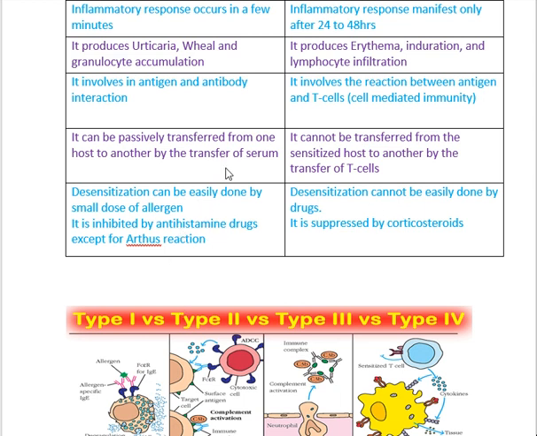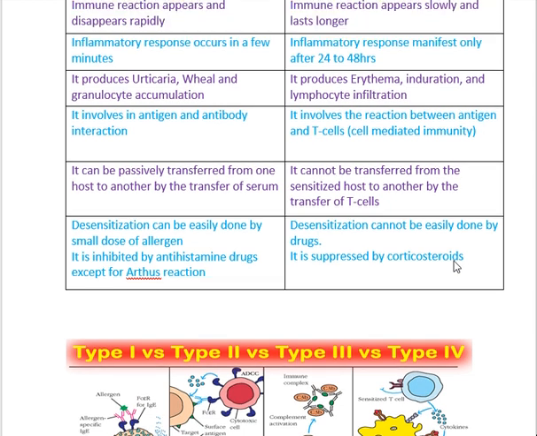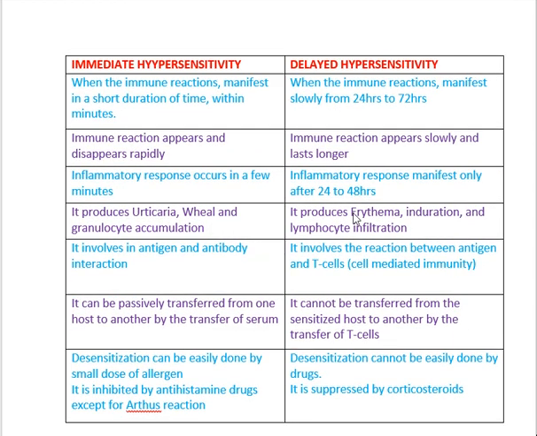Immediate type hypersensitivity can be suppressed or inhibited by antihistamine drugs, except for the reaction called Arthus reaction. The delayed type hypersensitivity can be suppressed by drugs called corticosteroids. So this is the difference between immediate type hypersensitivity and delayed type hypersensitivity.